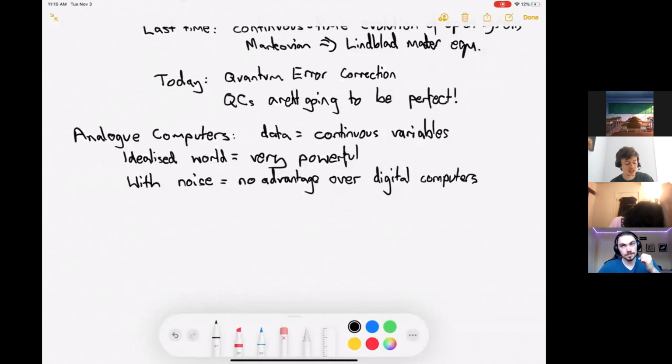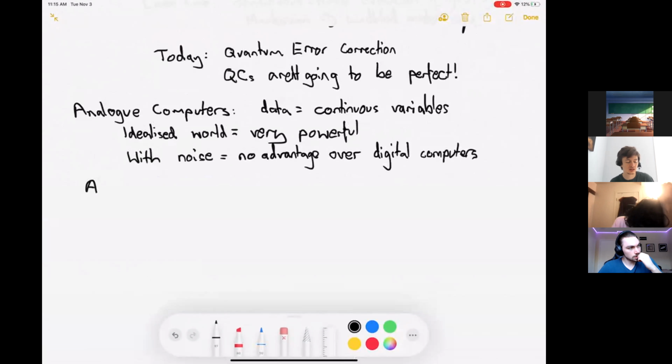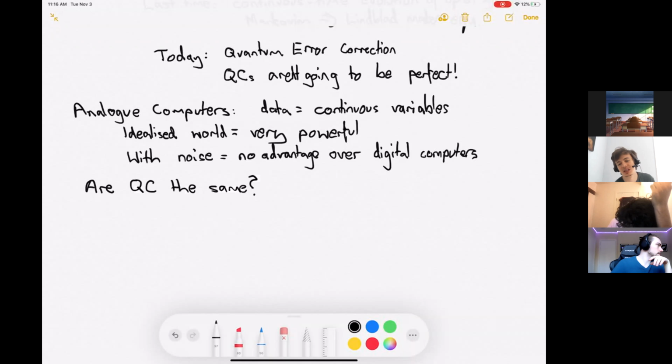So it was a natural question when people first started thinking about quantum computers, with Feynman and then David Deutsch, Peter Shor, and so on. A reasonable critique was, well, this just sounds like analog computers, right? The quantum state is like a continuous variable. You have these infinitely many states of a qubit, and sure, that naively lets you do more powerful stuff. But in practice, it's not going to be any better than an ordinary classical digital computer.